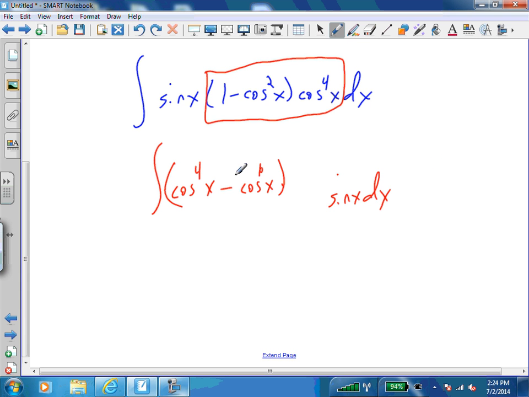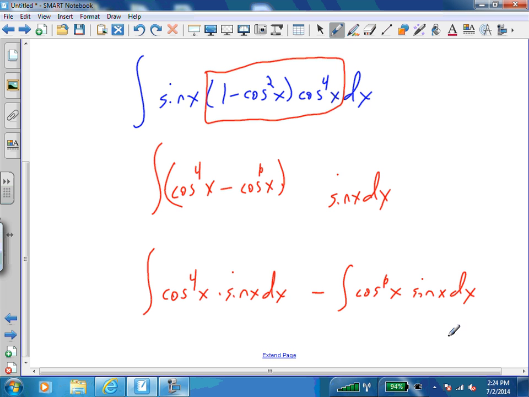We could distribute that sine and call that the integral of cosine to the fourth sine x dx minus the integral of cosine to the sixth times sine x dx.